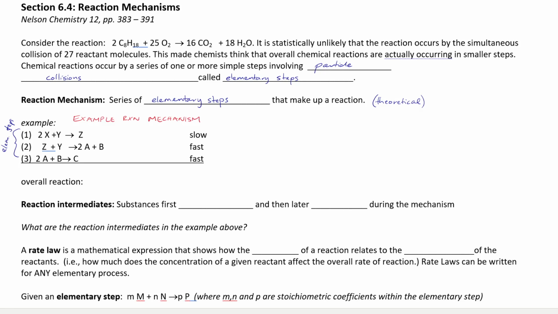This is what we would call the RDS, or the rate determining step. This being the slowest step in this reaction mechanism that produces an overall reaction, it is going to control how fast the reaction goes.